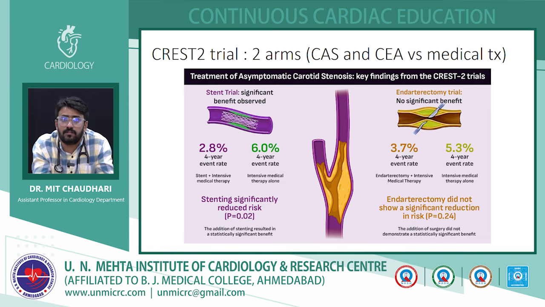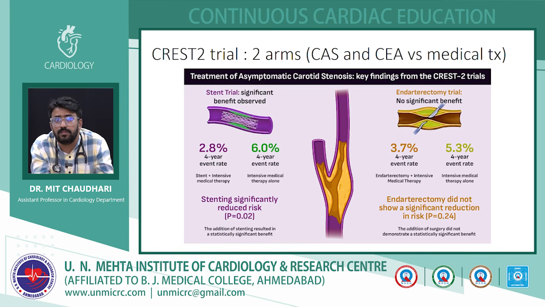Recently, one trial was published in NEJM, the CREST-2 trial. In this trial, they have two arms, a carotid artery stenting arm and a carotid endarterectomy arm, and both arms were compared with medical management.